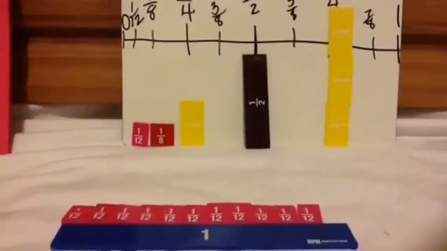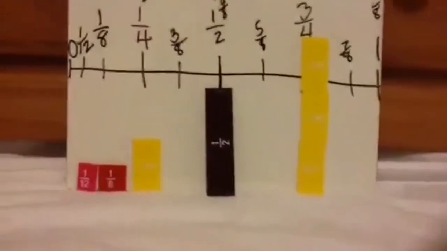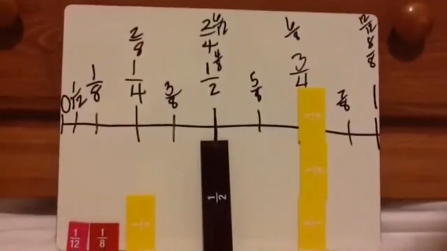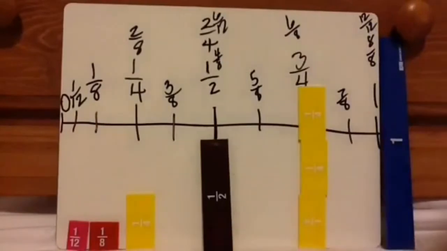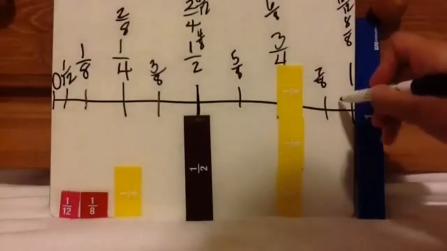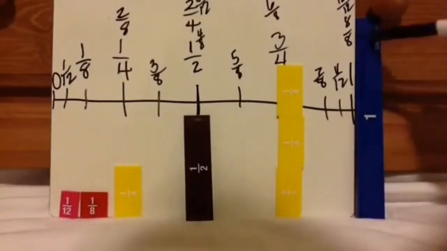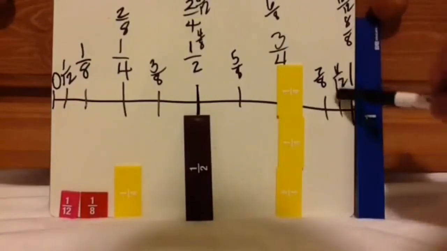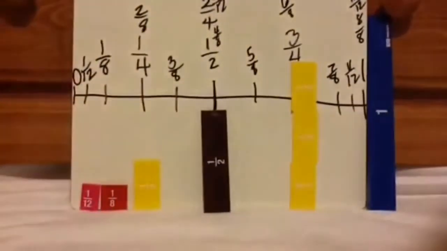Do you see that? 11/12. So if someone said, what is 11/12 about? I'm going to say it's about 1 whole. Let's just estimate that it's right around here, 11/12, because it almost filled the entire bar. So 11/12 I could say is close to 1 whole. But if they said 1/12, I'm going to say it's close to 0. I hope this is making some sense.